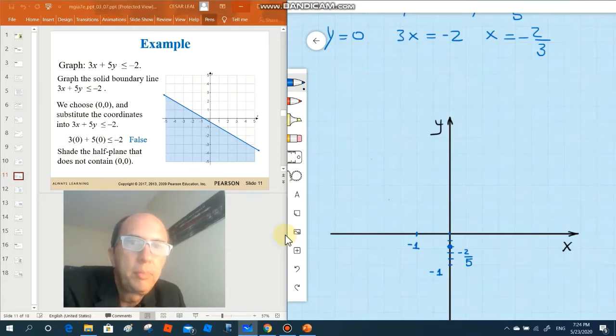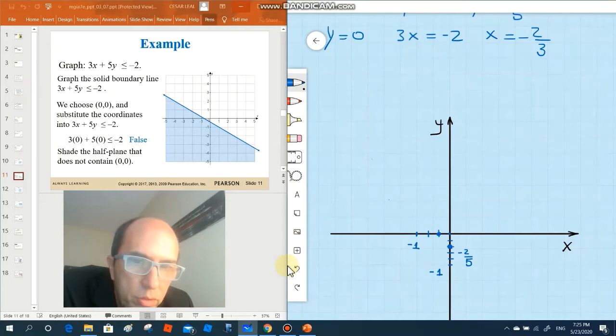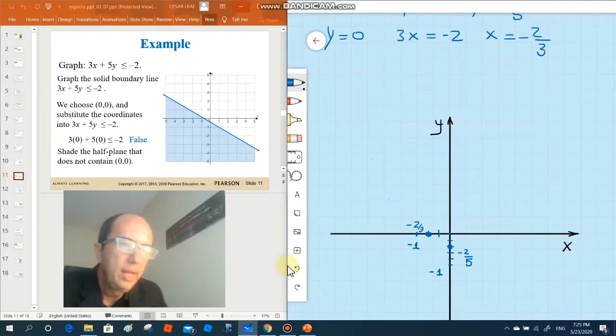And the other ordered pair is going to be y equals 0 and x equals negative 2 over 3. So let's divide this segment into 3 equal parts. 1, 2. 2 over 3 here. This is negative 2 over 3. And we can draw the line, get the ruler.